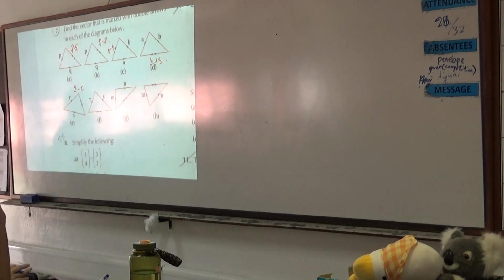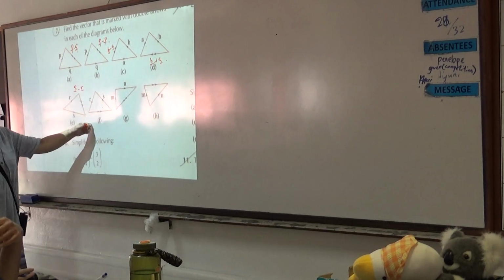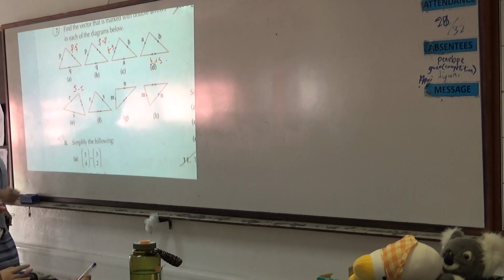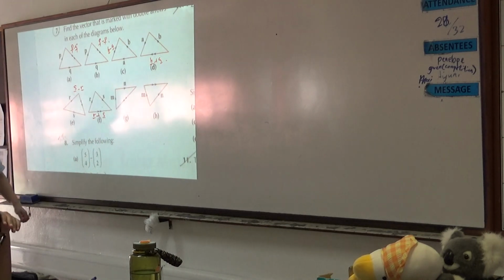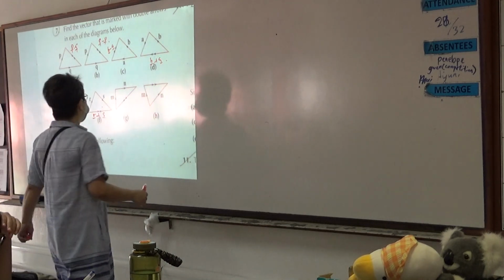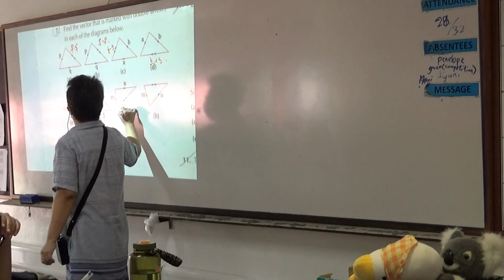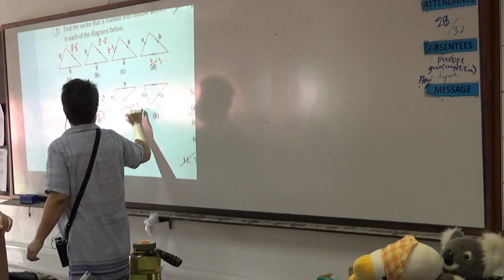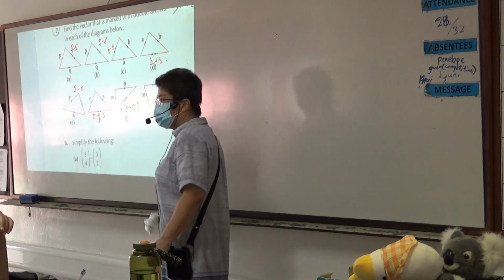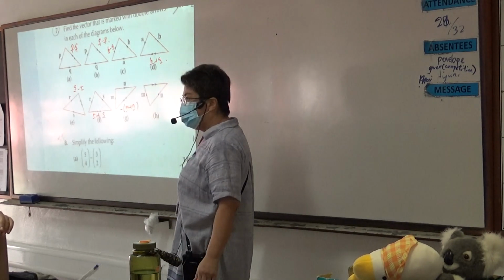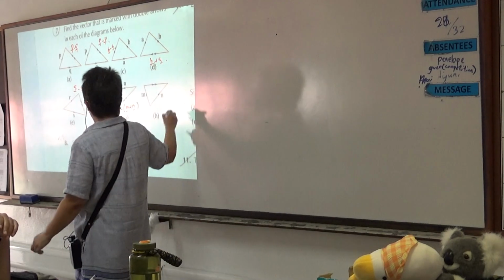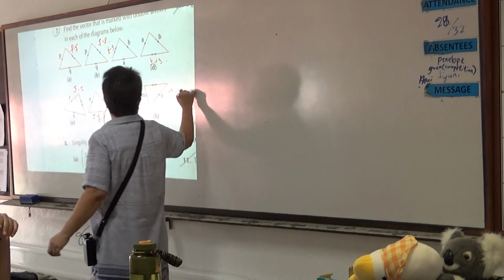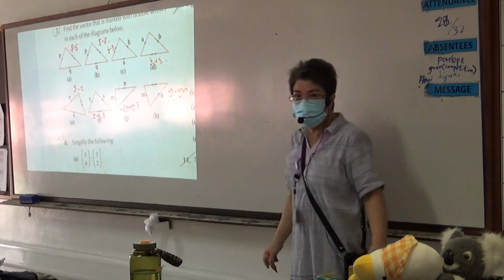S minus R, right? This one? R plus S. Next one? Negative N plus N, right? Agree or not? Yes or no? How about this one? N minus N. Everybody okay?